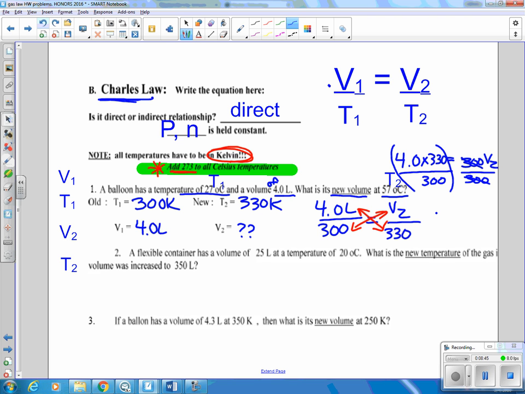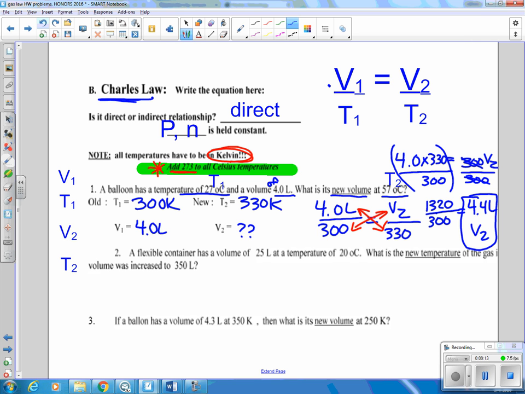And so when you do the math, you're going to have 4 times 330 equals 1320 divided by 300. And when you do that math, you should be getting a value of 4.4 liters. This is your answer for V2.